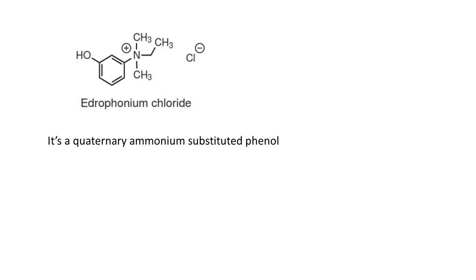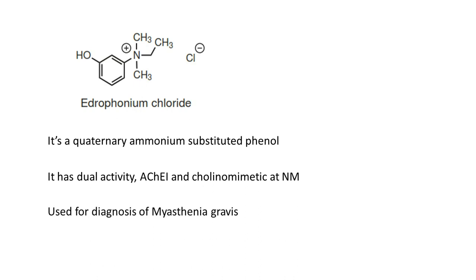It's a quaternary ammonium substituted phenol. It has dual activity: acetylcholinesterase enzyme inhibition, as well as being a cholinomimetic at the neuromuscular junction. It is used for diagnosis of myasthenia gravis. It has the capability to reverse non-depolarizing neuromuscular blockers.